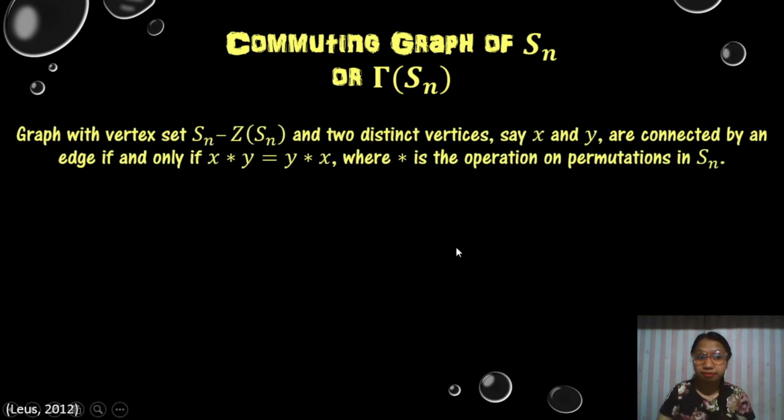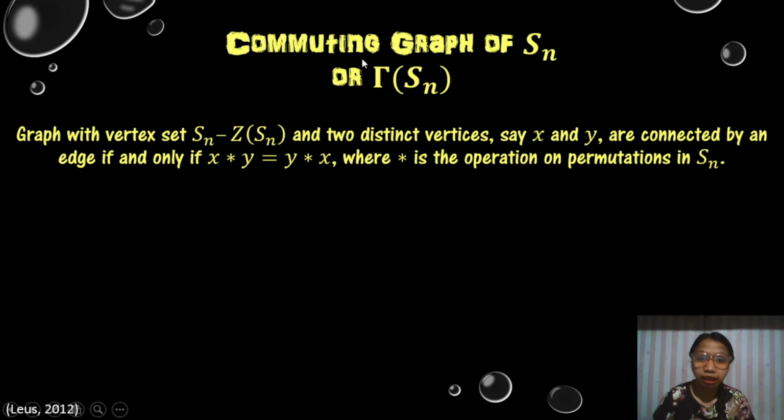These are graphs with vertex set S sub n minus Z of S sub n, wherein Z of S sub n is the center of the symmetric group. If we recall, symmetric groups consist of permutations of n letters.